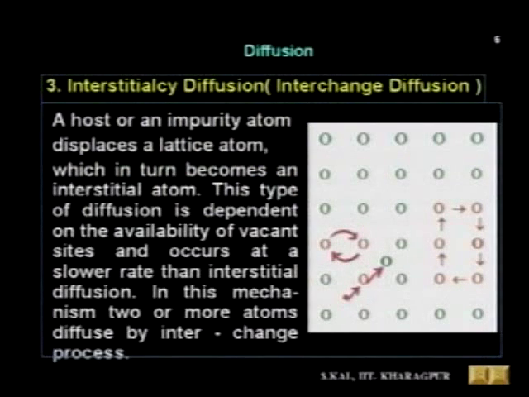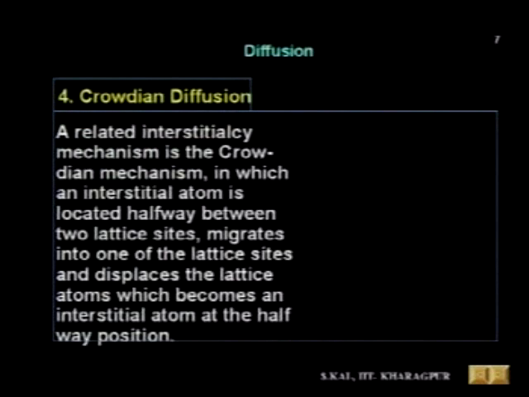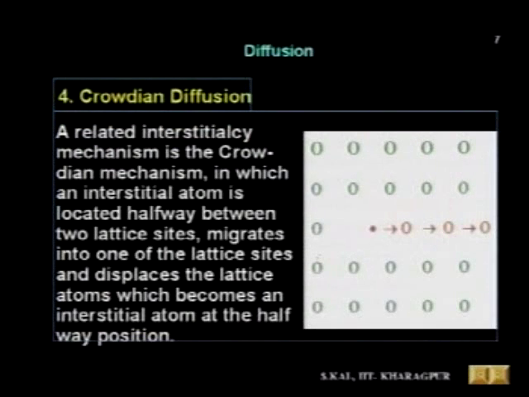So it is another form of interstitial diffusion, and there you can see the impurity atom moves from this interstitial site to another interstitial site, and the silicon atom moves from a lattice site to an interstitial site. So here the movement is not irregular, it is regular movement, in the middle of the interstitial site.